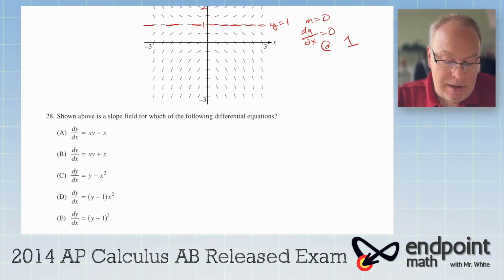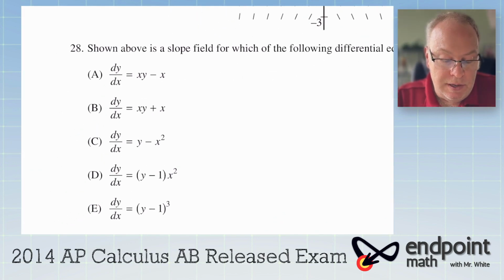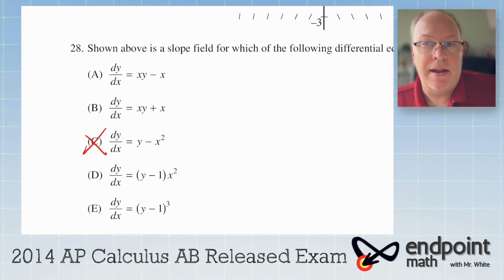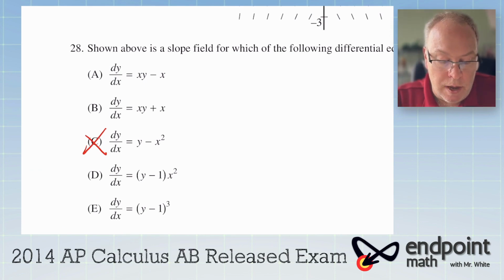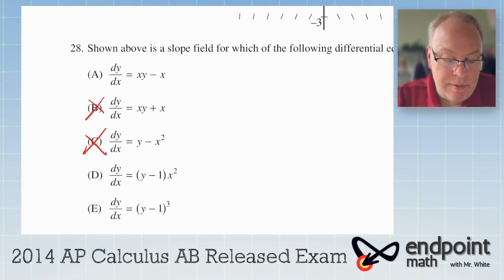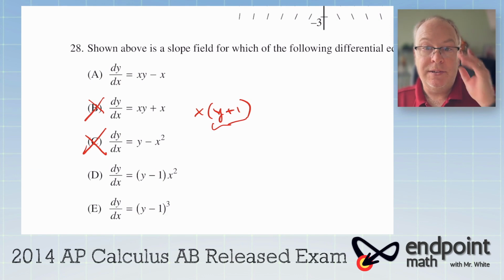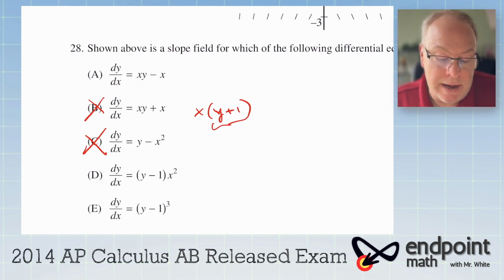And I look down here, and I can rule some of them out. You see, this letter C is dependent on x. When y is 1, we'd have different slopes. That's not correct. Same thing here. If you factor the x out, you get y plus 1. y equals 1 is not going to cause a 0 there, so I can rule that out.